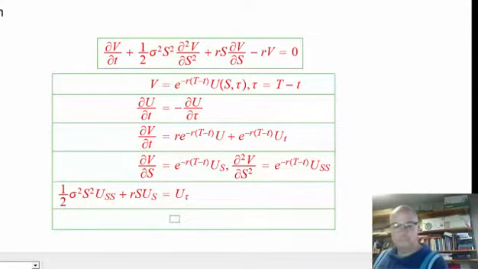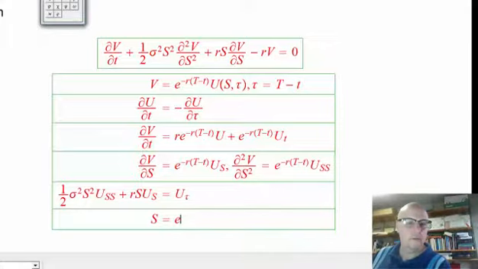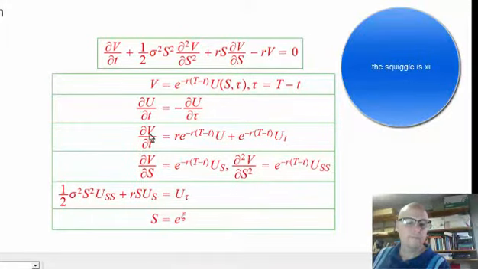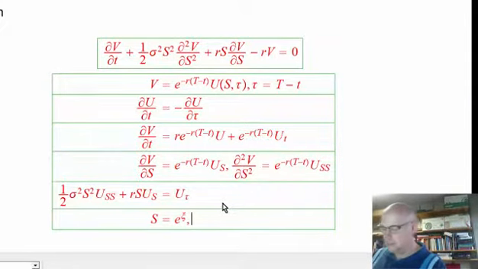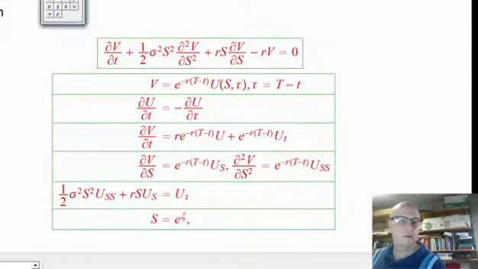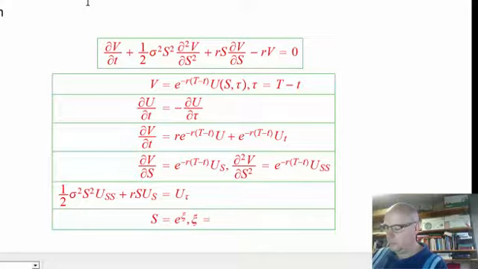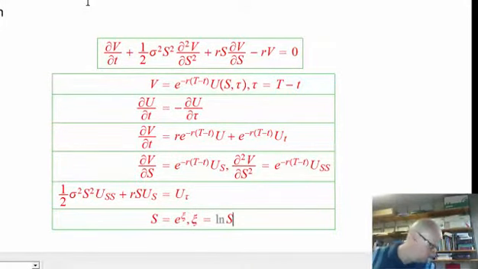A new substitution. The next substitution job is going to be to make these coefficients in front of the partial derivatives constant. So I'm going to think of the stock as e to the squiggly epsilon, or in other words, another way to think about it is that's equal to the ln of the stock.